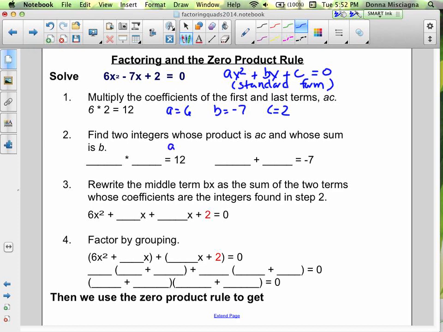So this 12 is what a times c was, and the -7 is what b is. Two numbers that multiply to 12 and add to -7 would be -3 and -4. So we're going to replace that -7x with a -3x and a -4x.